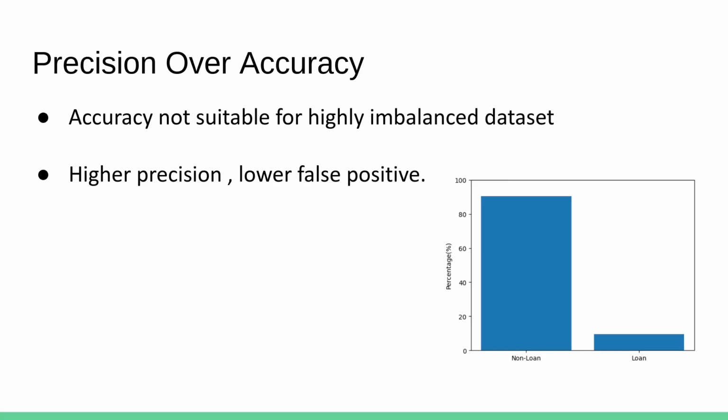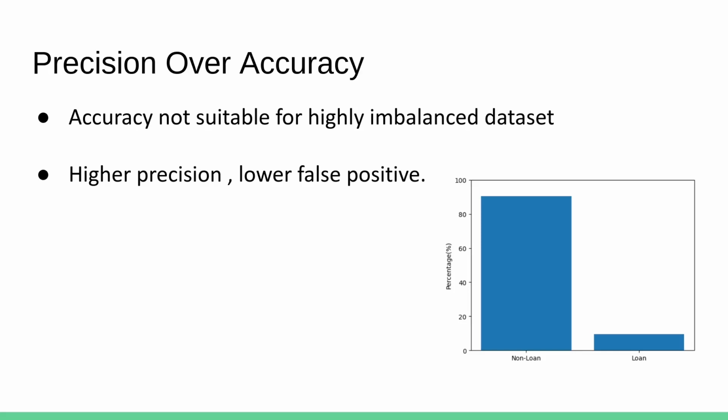Now, higher precision means lower false positive. Why do we need a lower false positive? So let's say we are working with giving out loans. So our target is basically label one, as previously said. We don't want our label zero to be labeled as one.